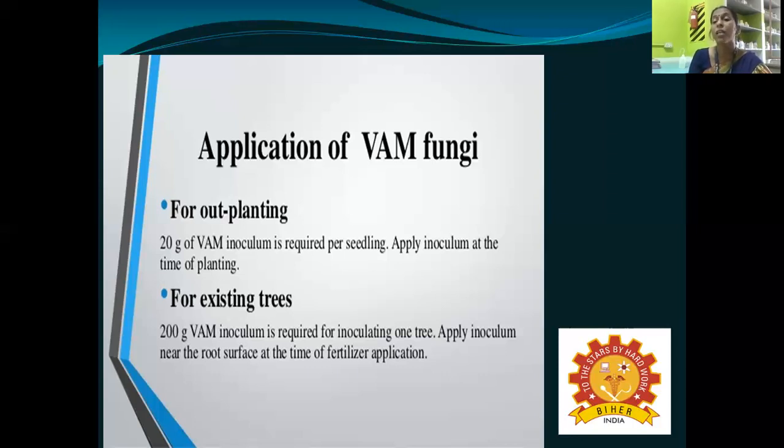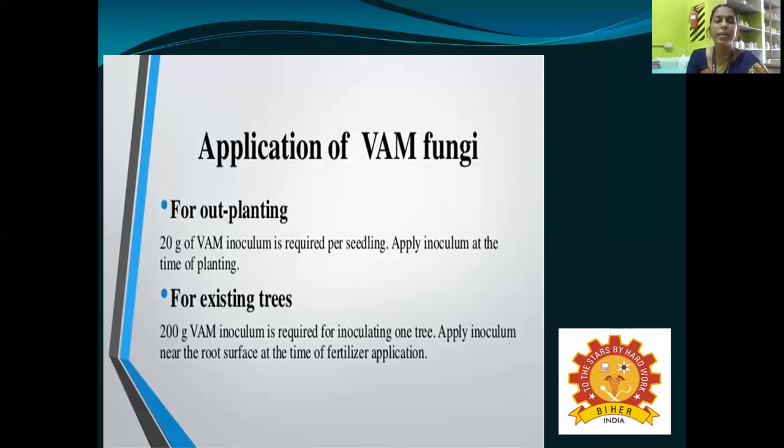Soil means acidity is tolerated. If the pH is high, the plant can survive if you apply VAM. So acidity of the soil is tolerated, and the next thing is water. In the stomata, the water transpiration mechanism results in less intake of water. So even in plants that need little water, you can apply this VAM.